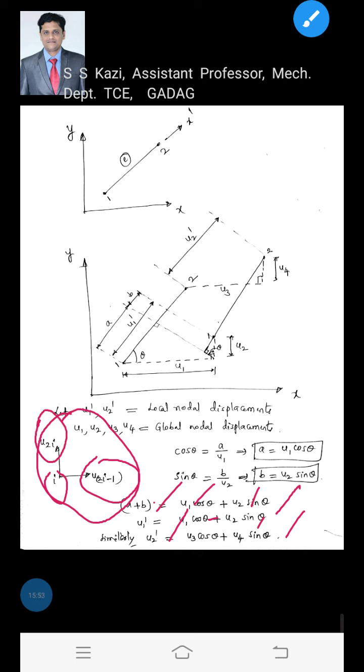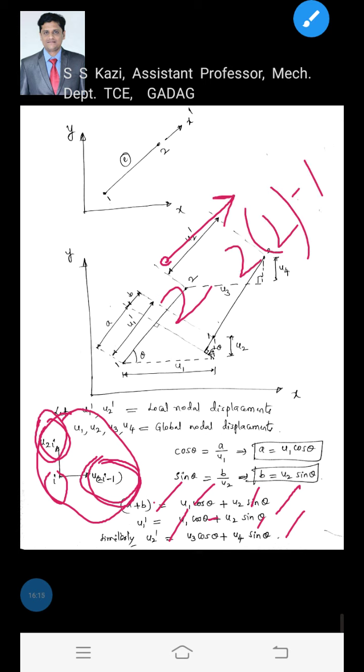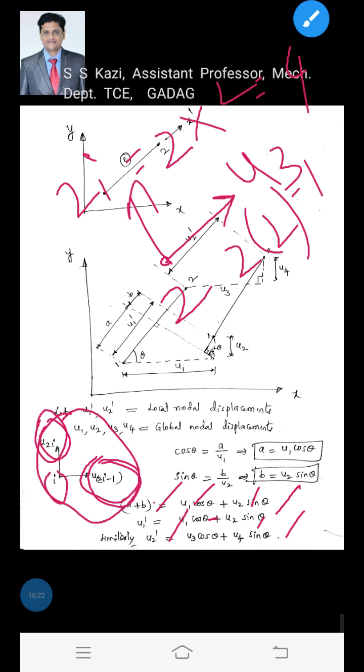If you put i equal to 1, 2i minus 1 is 2 into 1 minus 1, that is 1, u1, and 2i is 2 into 1, that is 2, u2. If the node number is 2, then 2i minus 1 is 2 into 2 minus 1, that is 3, u3, and 2i is 2 into 2, that is 4, u4. For node number 3, it is 5, 6, and so on.